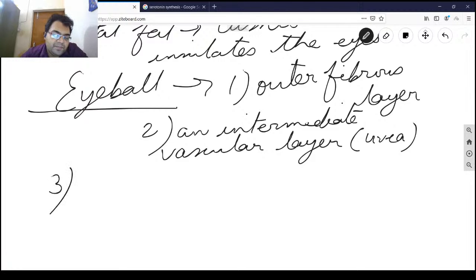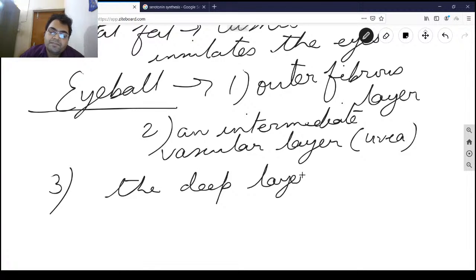Number 3, you have the deepest layer of the eye, the deep layer, which is known as the retina, that contains the visual photoreceptors.